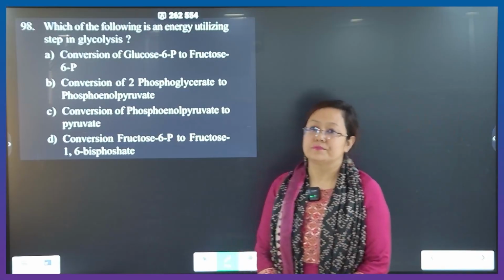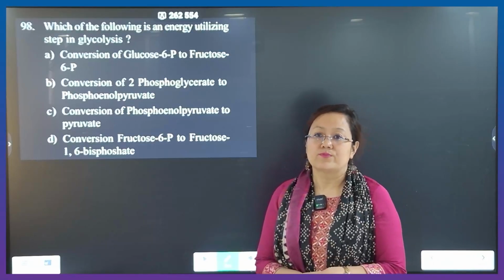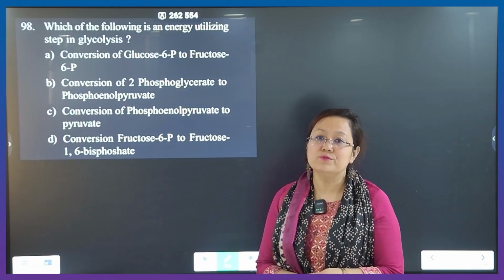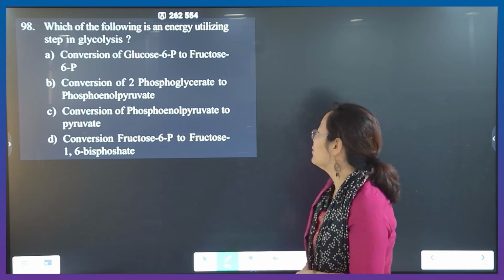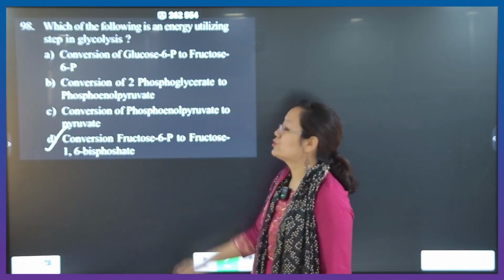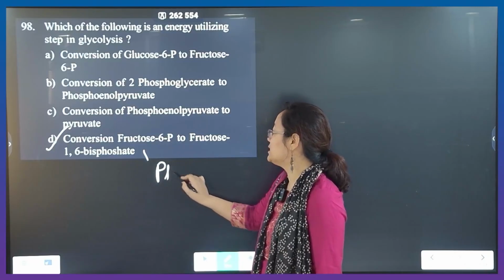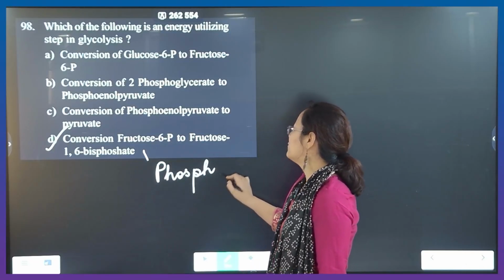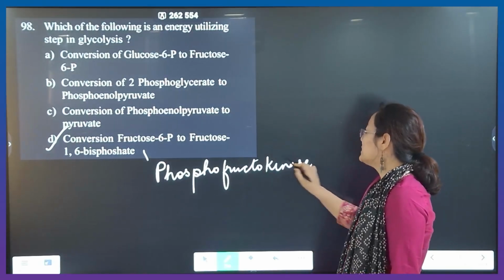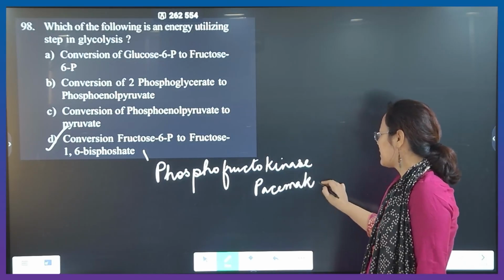There are 2 energy consuming steps in the first half of glycolysis: from glucose to glucose 6-phosphate, and from fructose 6-phosphate to fructose 1,6-biphosphate. So the answer will be fructose 6-phosphate to fructose 1,6-biphosphate, and it is mediated by the enzyme phosphofructokinase, which is called a pacemaker enzyme.